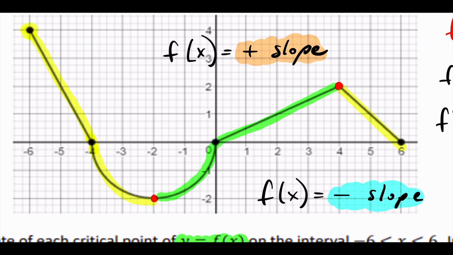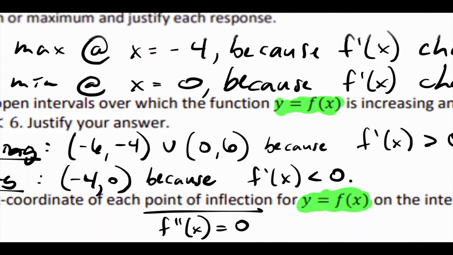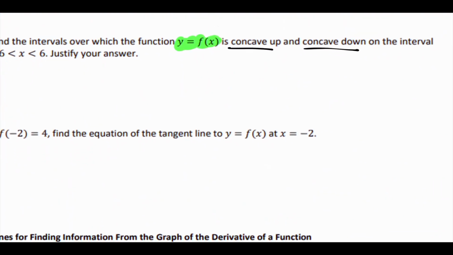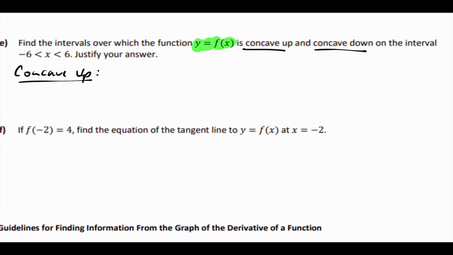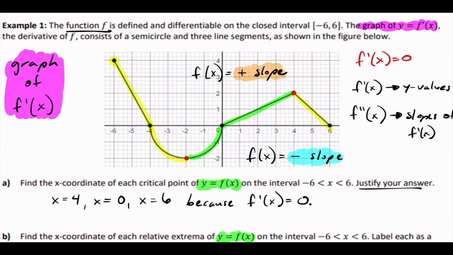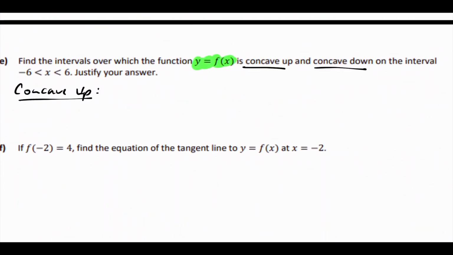Okay, so concave up, we said from -2 to 4. That's where it was increasing.